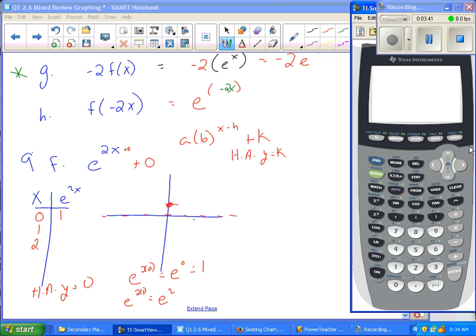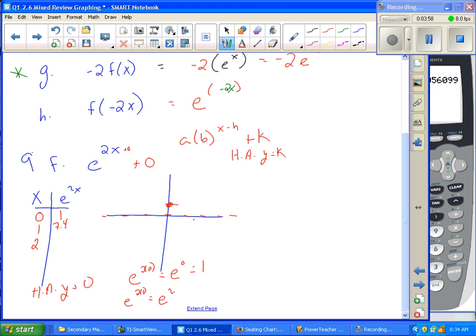Now, I don't have e to the second memorized, so I can come over here on the calculator, hit second, the divide sign for the e, and then raise it to the second power. Remember, e is just the number 2.7. So when I raise that to the second power, I get 7.4 roughly. So 1, okay, 3, 4, 5, 6, 7.4 would be somewhere about right there.